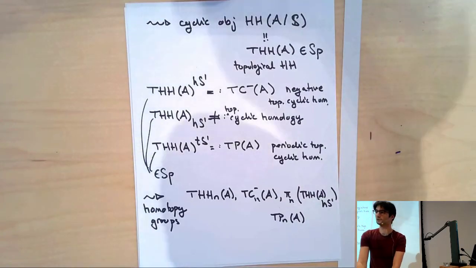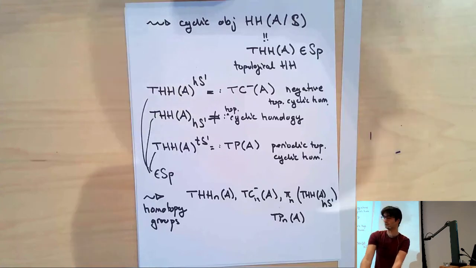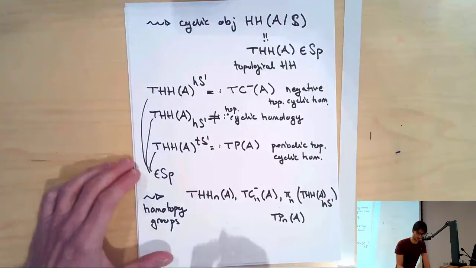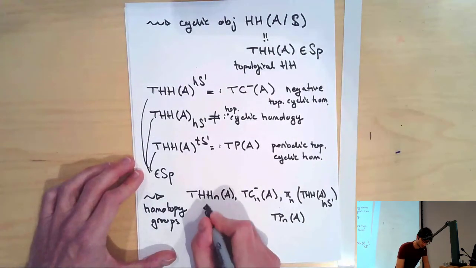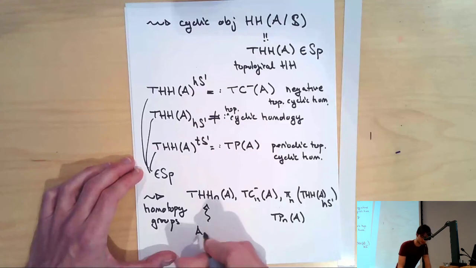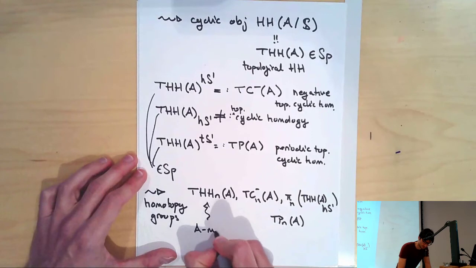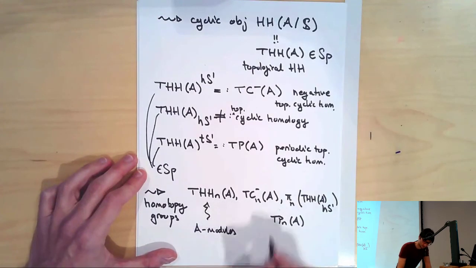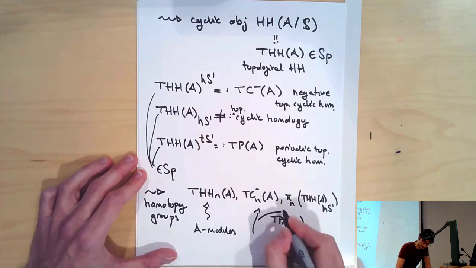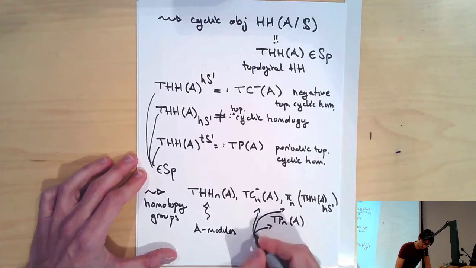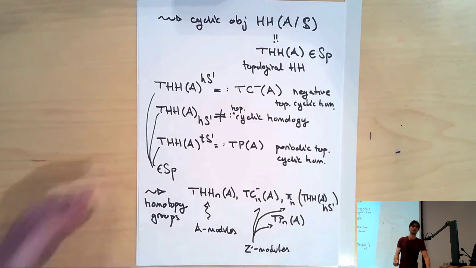But when I have a more general object here, I can still take its homotopy groups as some replacement for the homology. And so this one here, that's the topological Hochschild homology. At least if I plugged in a commutative ring, which will be my main case of interest, these will all be A-modules, and the rest of these will just be abelian groups. They don't get any more structure.